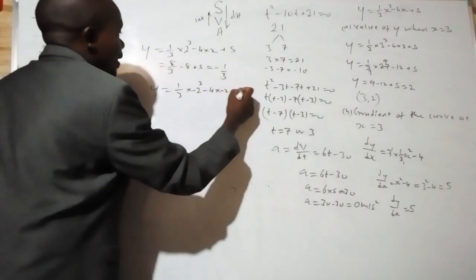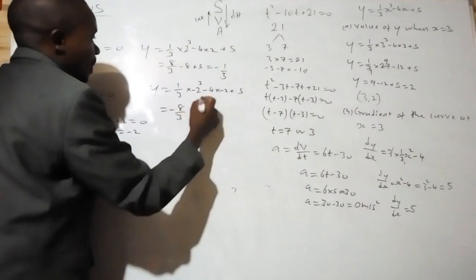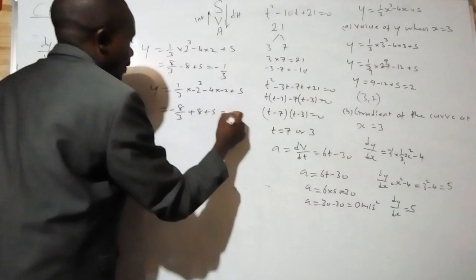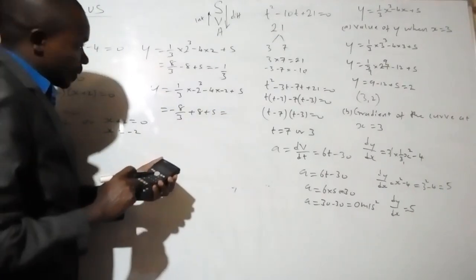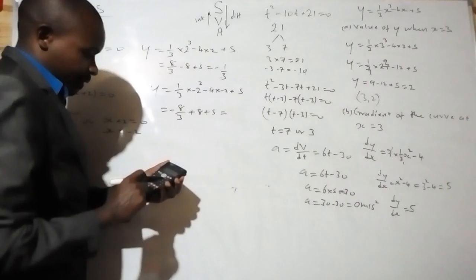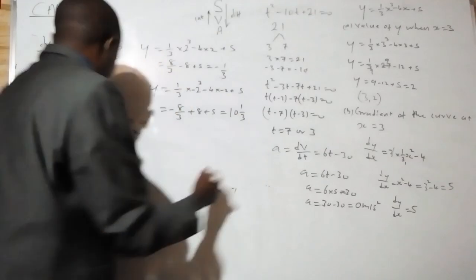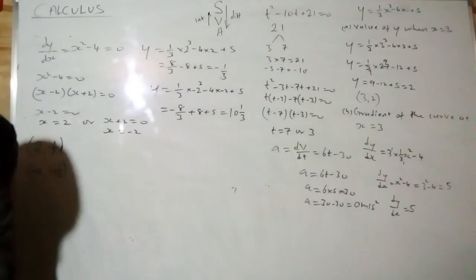That gives -8/3 plus 8 plus 5, which is 10 and 1/3. Then we proceed. That's how you're supposed to do that.